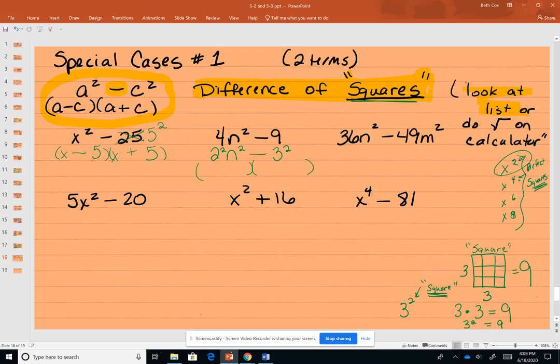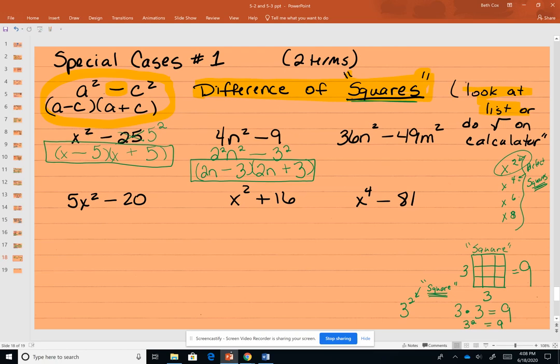And so drop the baby 2's. 2n minus 3, 2n plus 3. That's it, and that's your answer. But we didn't do anything. I know. It's pattern recognition.